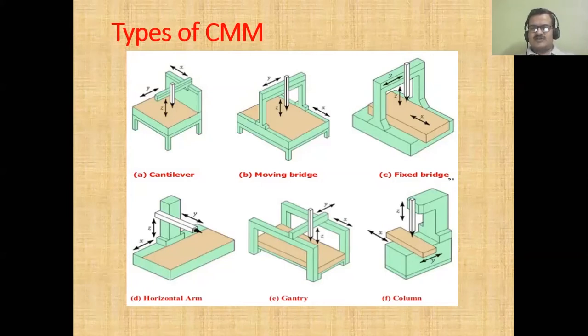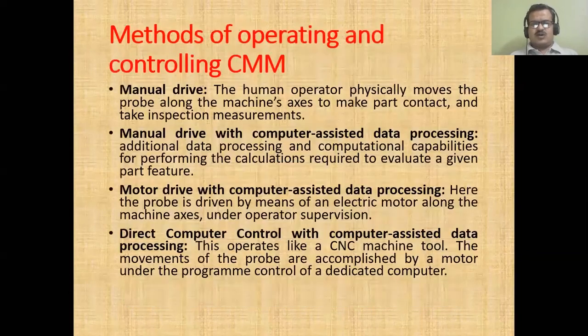So on these mechanical structures, the probe is mounted basically, right? So these are the various types of CMM based on the mechanical structure. Cantilever, moving bridge, fixed bridge. In fixed bridge, the bridge will not be moved. Horizontal arm, gantry and column.